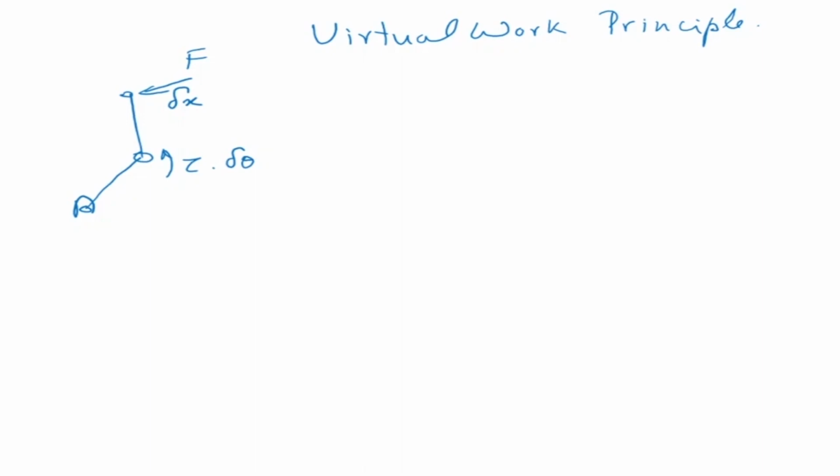And then we know that F into del x must be equal to tau into del theta from virtual work. So what we are saying is this force is causing a very small displacement, and this moment is also causing a very small displacement, and F dot del x is equal to tau into del theta. Now if I write it like this, F transpose into del x, because these are matrices, is equal to tau transpose into del theta.